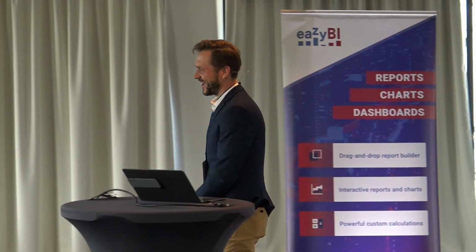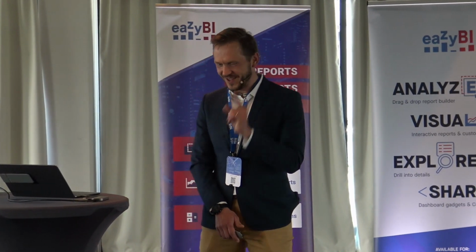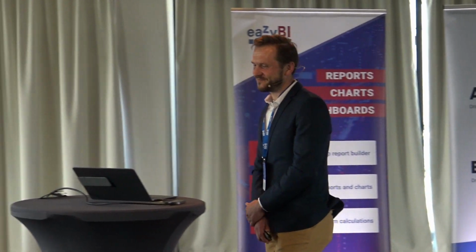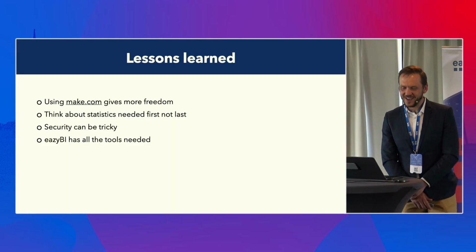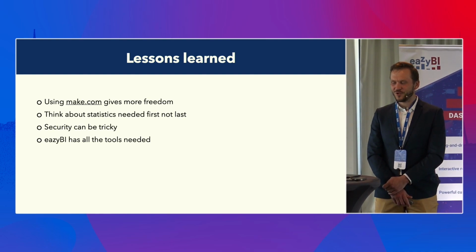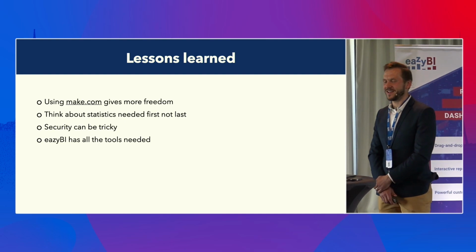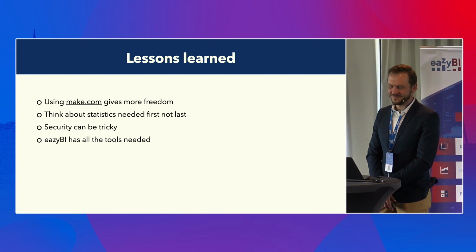There was a famous hacker who downloaded loads of documents just by changing numbers in the URL. So with embedding, just be aware of who can actually see the URL, who can access it, and what access it gives.